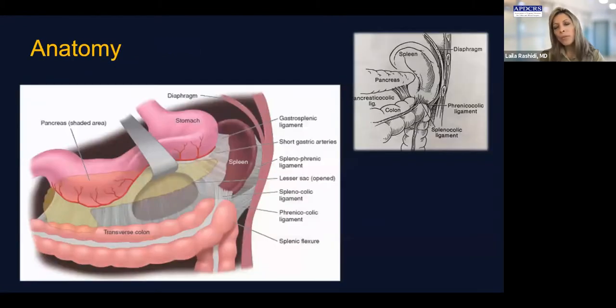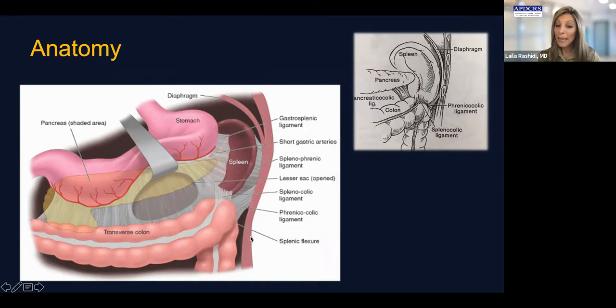But there are important structures within the anatomy that you need to know. So definitely pay attention to this image. There are attachments that you will see during the operation that you remove. By your splenic flexure, you have the splenocolic ligament, which you can take either from the supracolic or from lateral to medial.